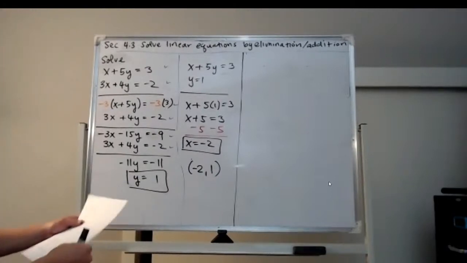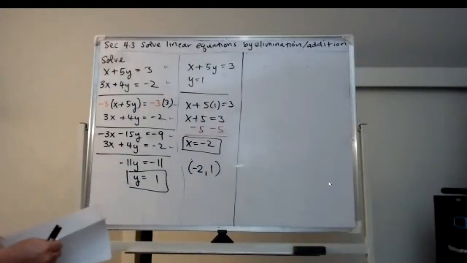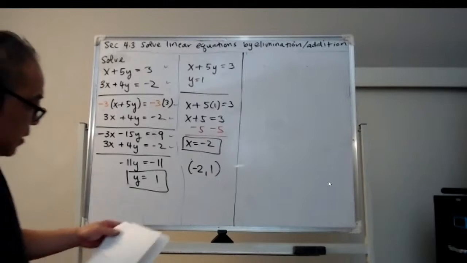Now, just know that you can get rid of either the x's or the y. It doesn't have to be just the x's. Let's see, let's try number 5. 5 looks good. All right, so let's try this one.